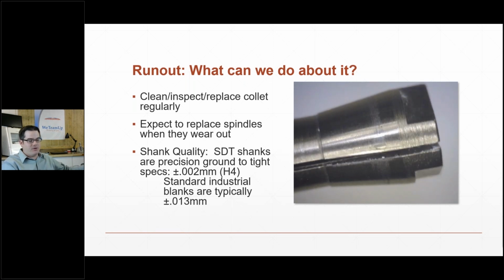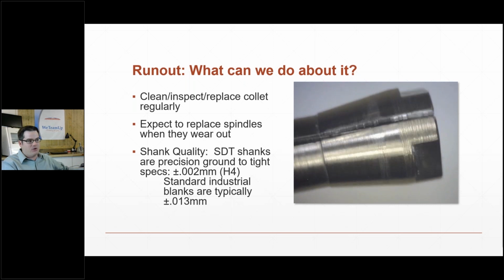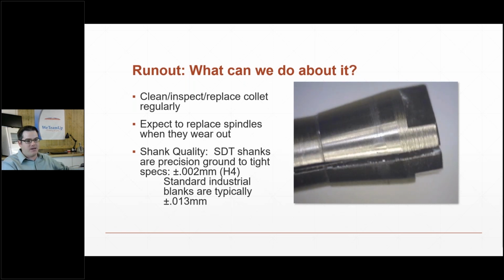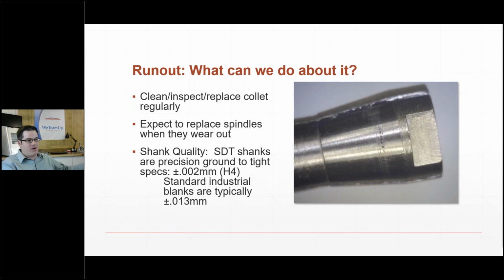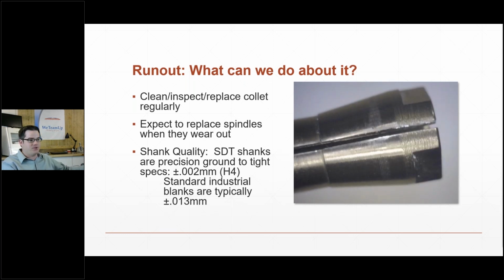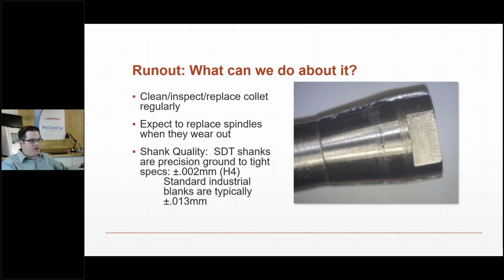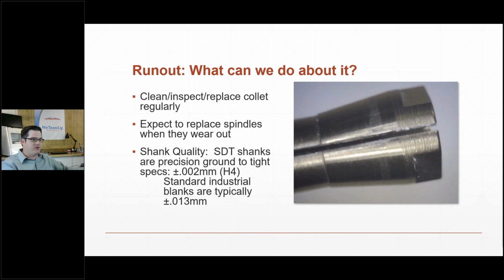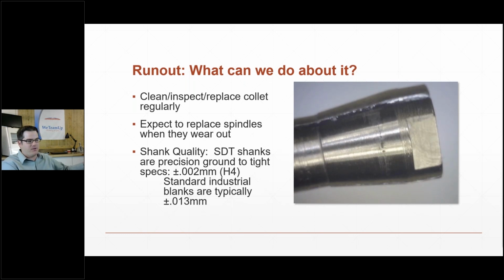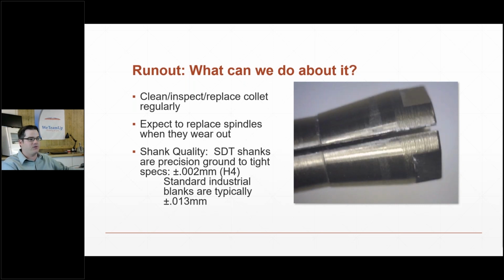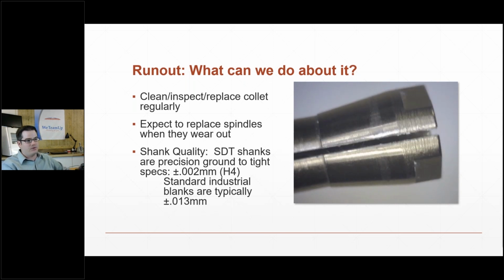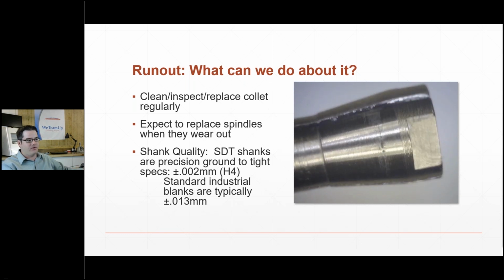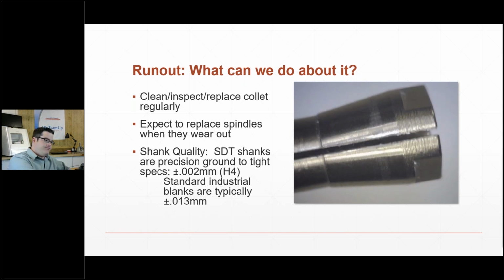And some of the cheaper methods are not good at maintaining that concentricity. So cheaper burrs can actually have runout built into them, which you can't do anything about. So it's important to select something that's ground precisely. Sierra tools are ground to a very, very, very tight tolerance.